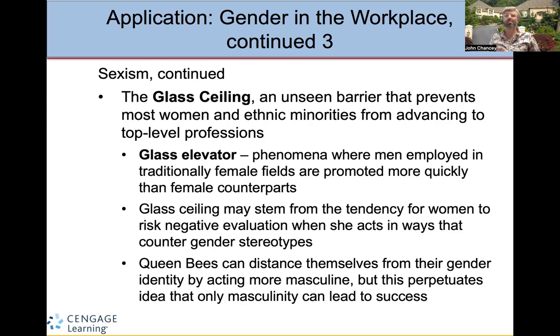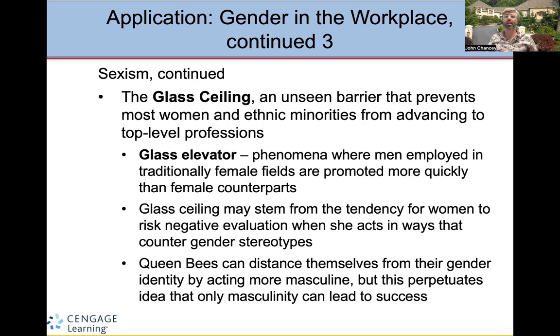We also see the existence of what is called the glass ceiling, an unseen sociological barrier that prevents women, and also ethnic minorities, not just women, from moving up in a profession. So you tend to see for men it's more of a glass elevator, where they're more likely to move up in a pretty consistent linear pattern.